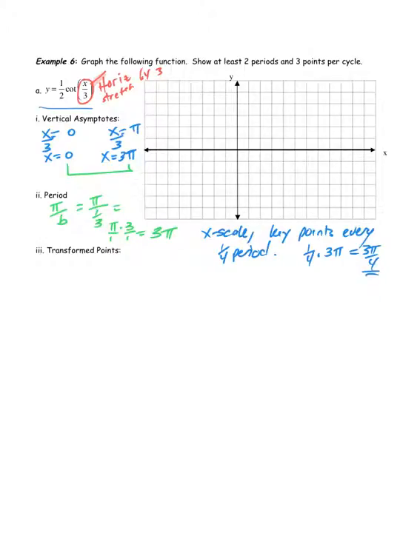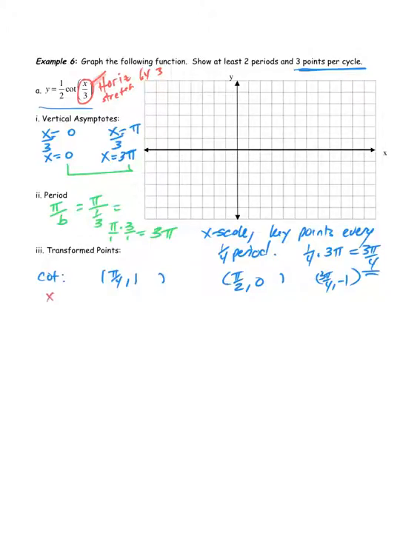And then we're going to transform 3 points. And you'll notice up at the top it says graph 2 periods and 3 points per cycle. So on the parent function of cotangent, the 3 key points that we're working with are pi over 4, 1, pi over 2, 0, and 3 pi over 4, -1.